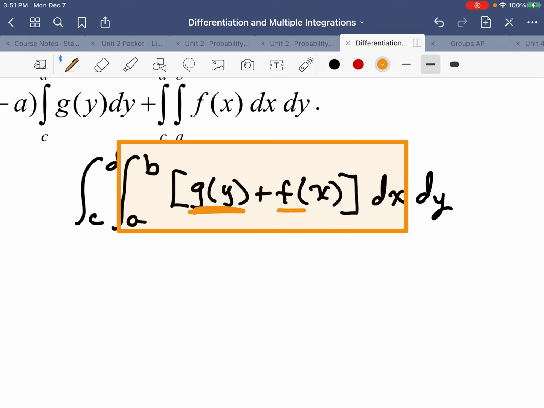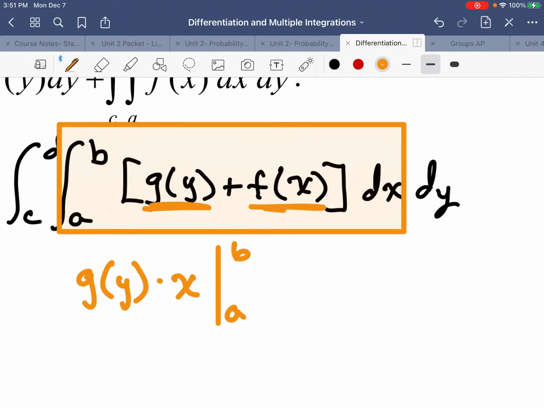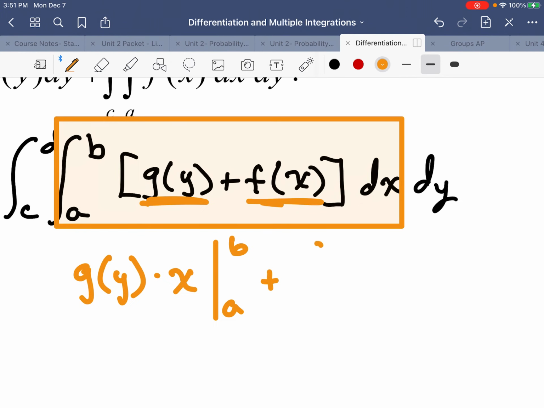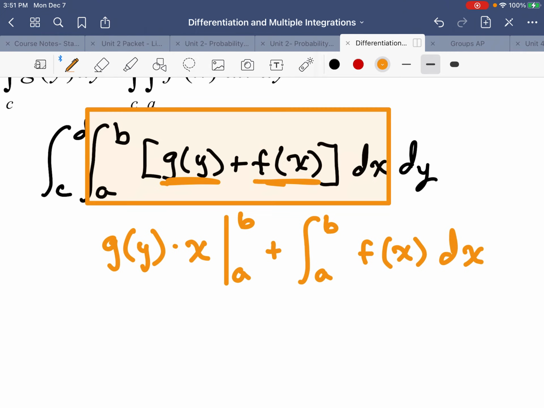If we look at it a piece at a time, it's with respect to x, so g of y will act as a constant multiplier of x over the interval a to b. Plus the integral over the interval of a to b of f of x dx, which is not something we can do anything with just yet.